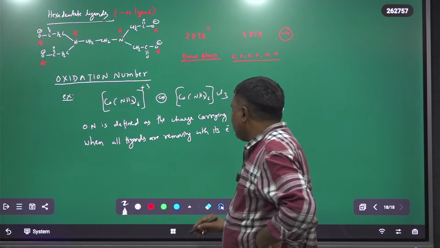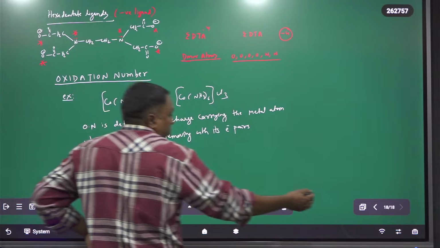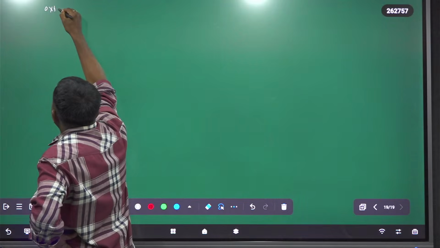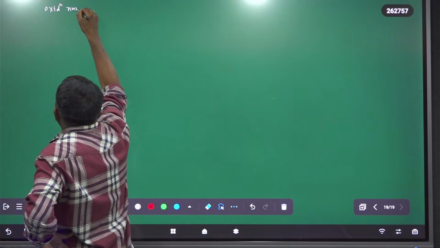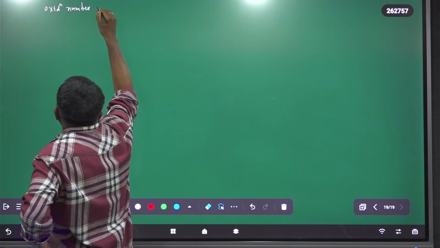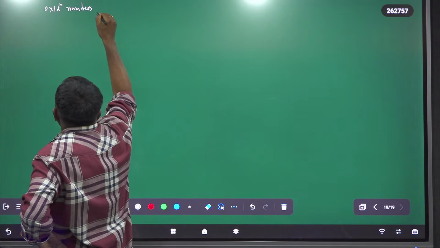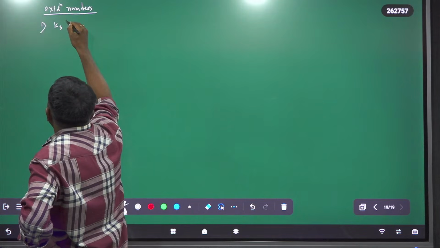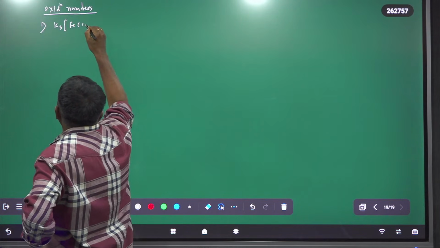For example, the oxidation number of the following complex compounds, for example K3[Fe(CN)6].